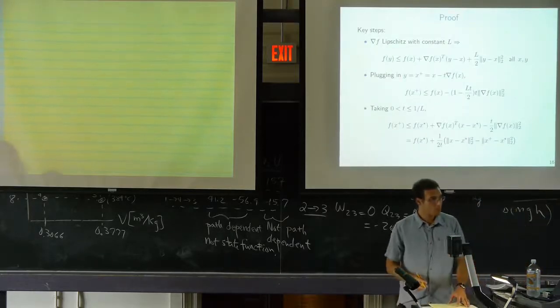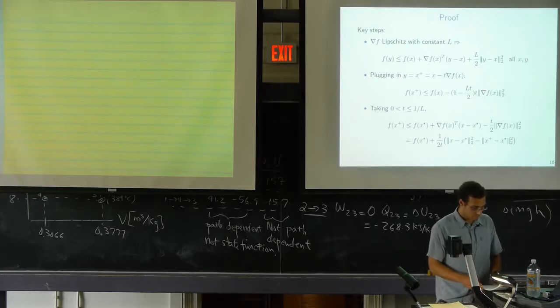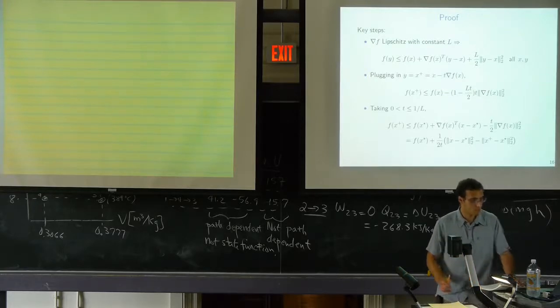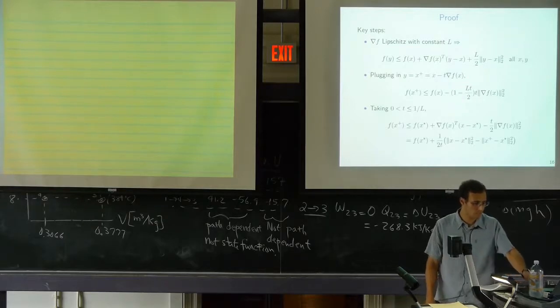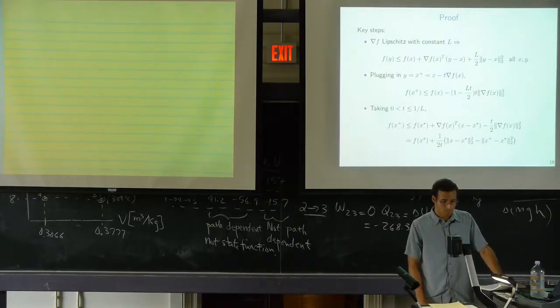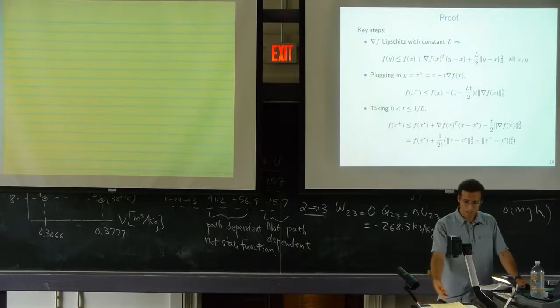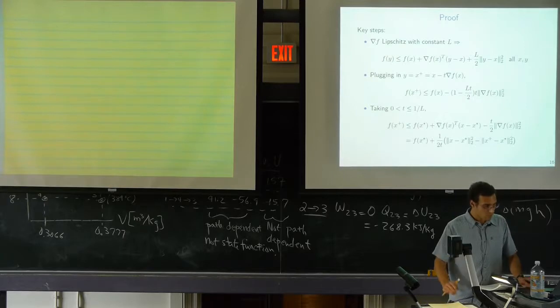Okay, so here's the proof of that. We're going to try to go through it thoroughly, but also quickly, because we don't have the luxury of taking a lot of time. But the key steps are on the slides. I'm going to also write out the proof in more detail on this piece of paper, so you can look at either.